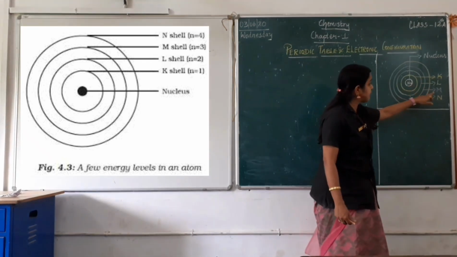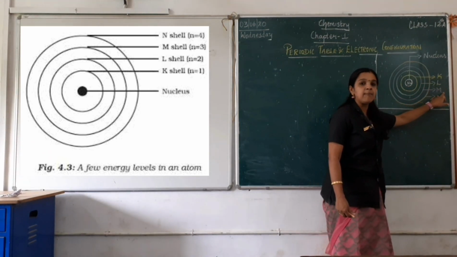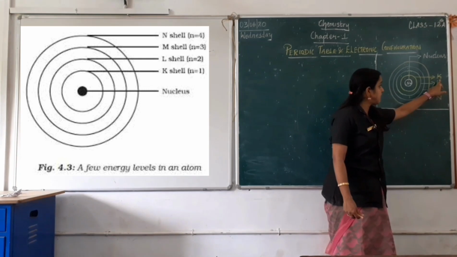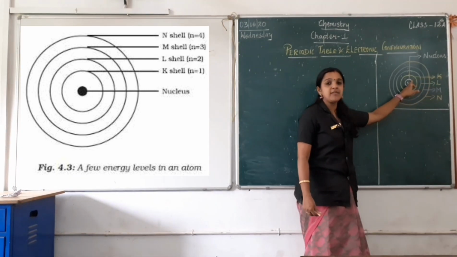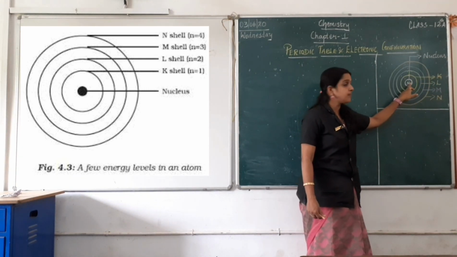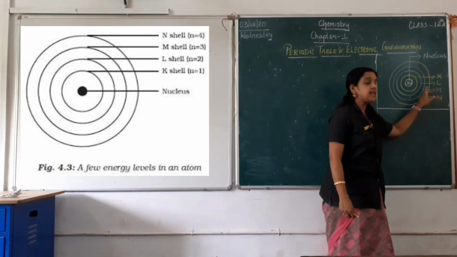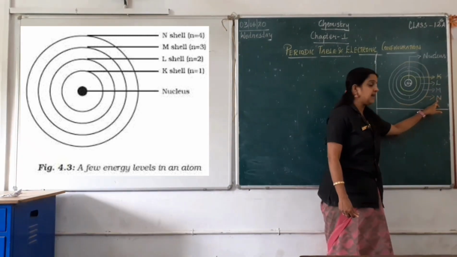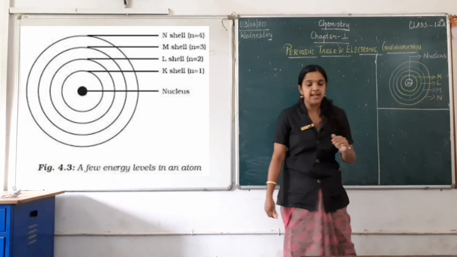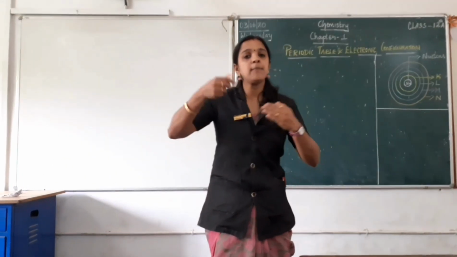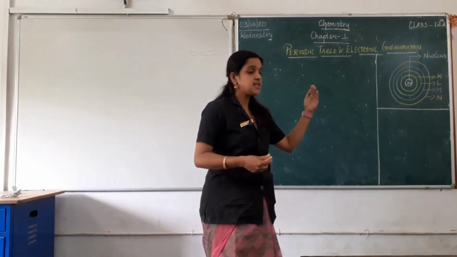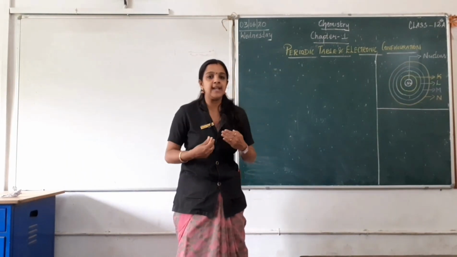Now you can see I have represented K, L, M, N. K represents the first energy level, which is closer to the nucleus. L represents the second energy level, M the third energy level, and N the last energy level. So as the number of shells increases, the distance from the nucleus also increases.